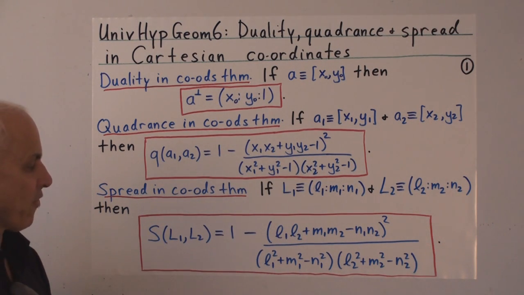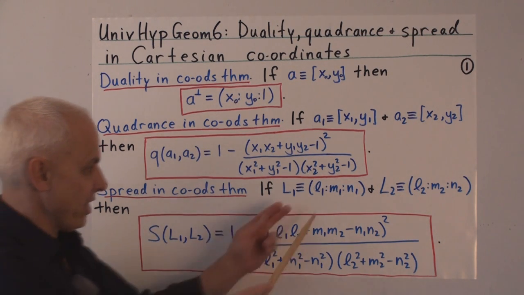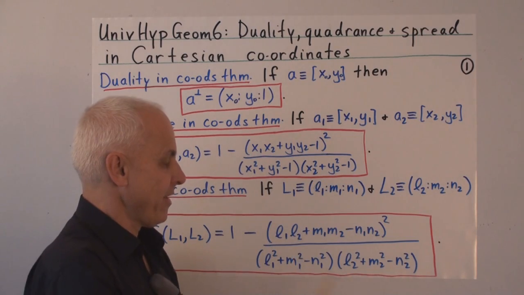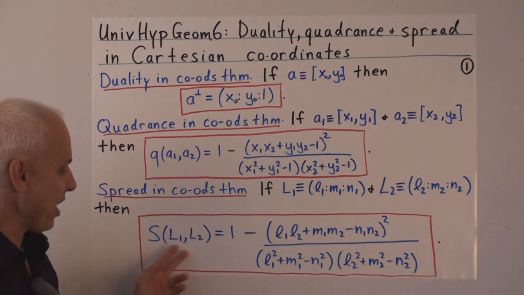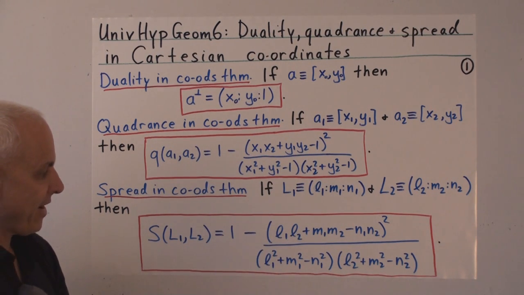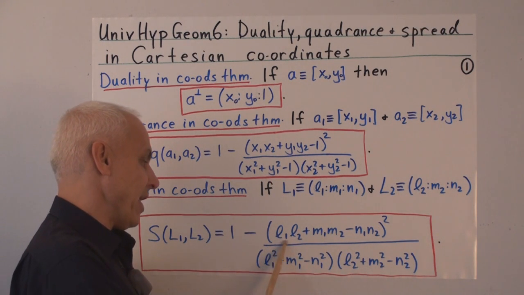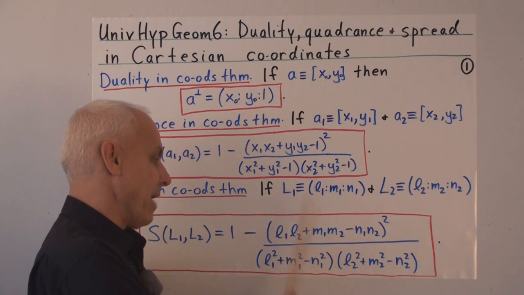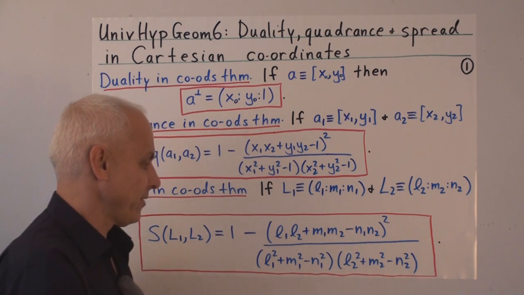And a very similar formula for the spread between two lines. Have one line l1 : m1 : n1, and another line l2 : m2 : n2. Then the spread between them is 1 minus this expression. Now there's three things instead of two. We compensate by writing l1 l2 plus m1 m2 minus n1 n2, now all squared.